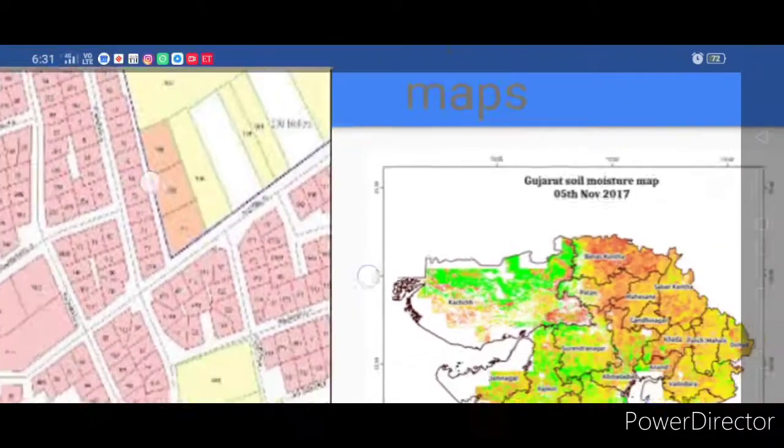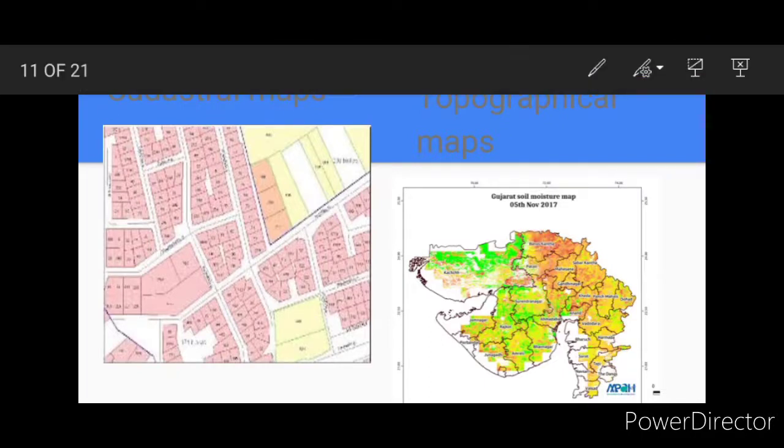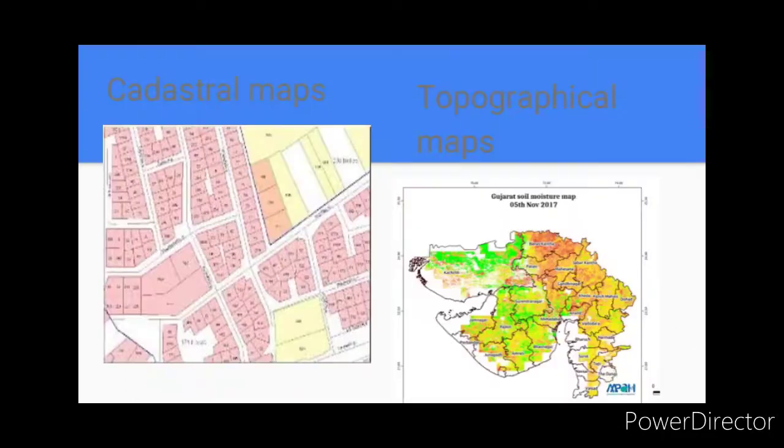It just shows you plots, whereas a topographical map is a survey of a land. It gives you the natural geographical features of that land. Here are the properties that we have built on the land. A topographical map is a map of the natural landscapes of that particular region. For example, this is a map of Gujarat, so it is showing you the topography of Gujarat.